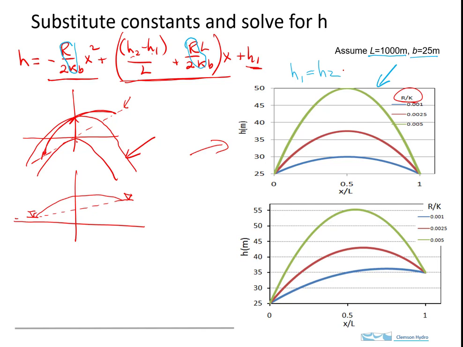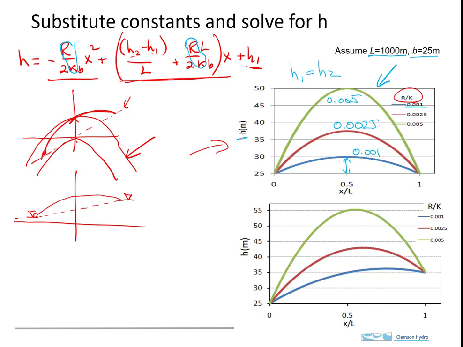And in that case, this head here is symmetric. That's the maximum head. And you can see that's R over K of 0.001. So this is 0.001, and this is 0.025, a bit larger, and 0.005.